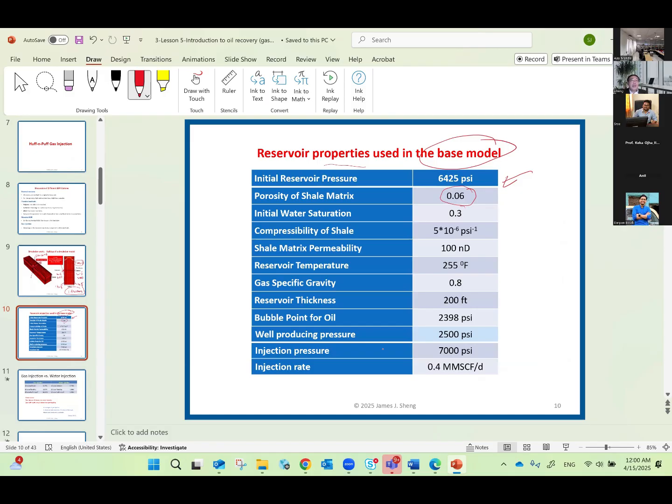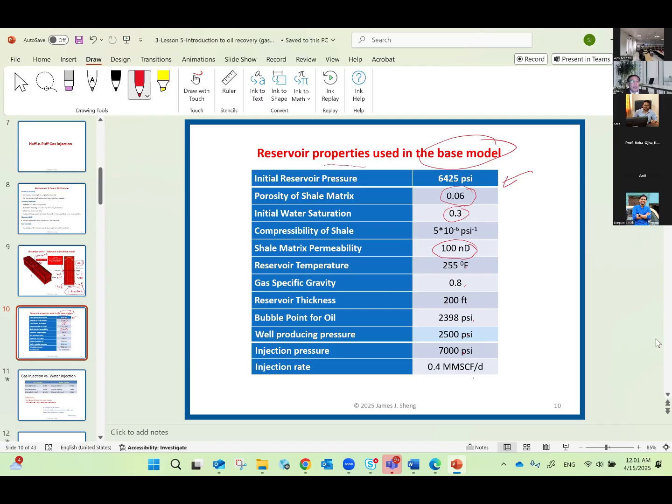Initial water saturation 0.3, compressibility, and shale matrix permeability. Now you can see 100 millidarcy. Temperature, gas gravity, thickness, bubble point pressure, well production pressure, injection rate. Okay, that is the model parameters.